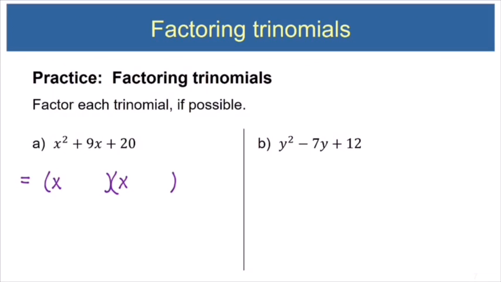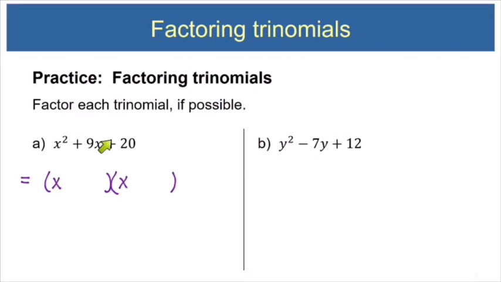Now, the next thing that I like to look at is the sign of the last term. This sign right here. If this number times this number produced a positive answer, then what that tells us is that both of these numbers here had to be the same sign. But we don't yet know if they both had to be positive or if they both had to be negative. We just know that they had to be the same.